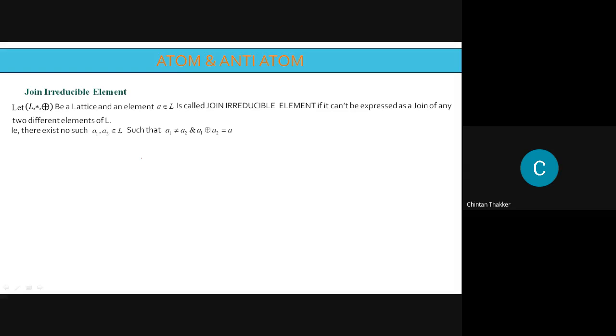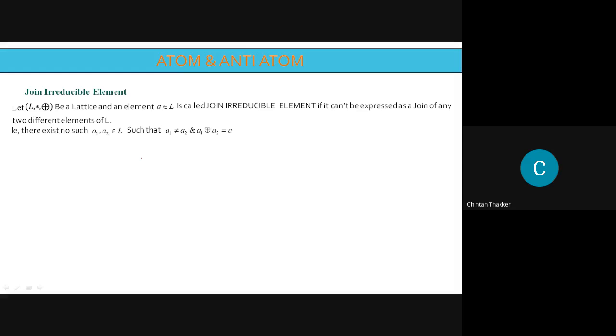Now we define the join irreducible element. So what is the join irreducible element? Join irreducible element means if we have a lattice given and an element belongs to the lattice, it cannot be represented as a join of any two different elements of L, then it is called join irreducible element.